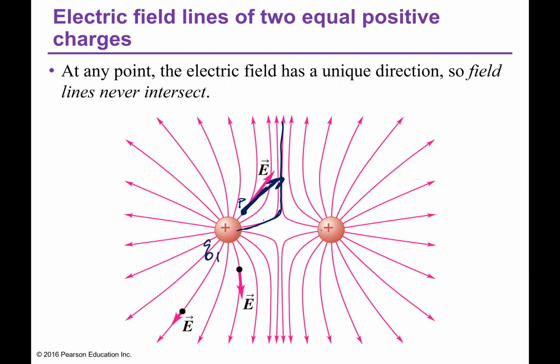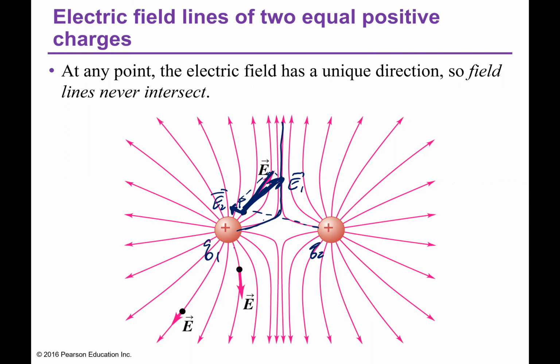Electric field due to Q2 will be radially away in this direction. But because P is much closer to Q1, the electric field E1 is much stronger than electric field E2. So when I do the superposition of those, this is what I get.